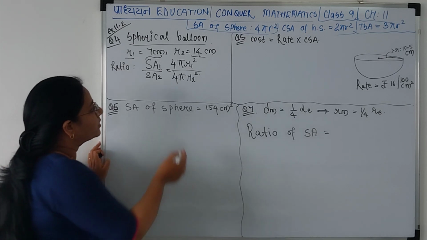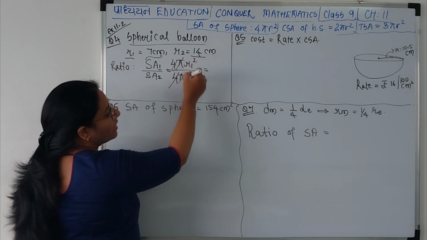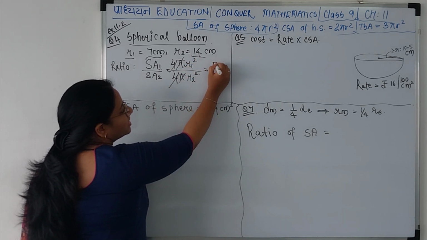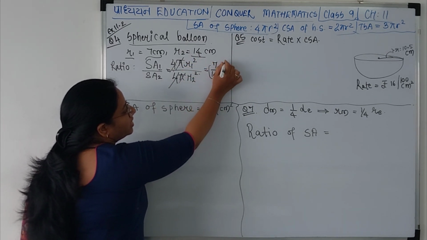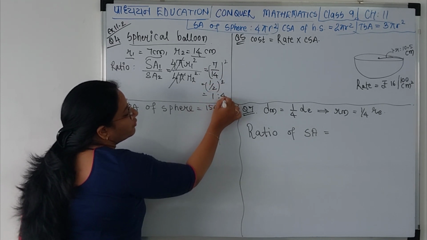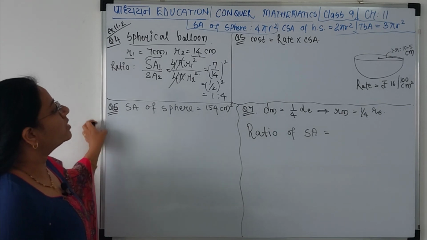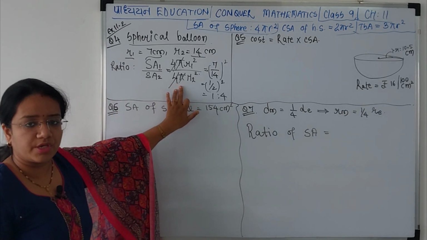So 4 gets cancelled, pi gets cancelled. You are left with r1 by r2 whole square. That is 7 by 14 whole square. That is 1 by 2 whole square, and that is 1:4. So the ratio is 1:4 without having to calculate anything major here.